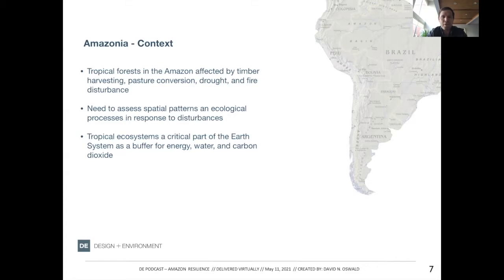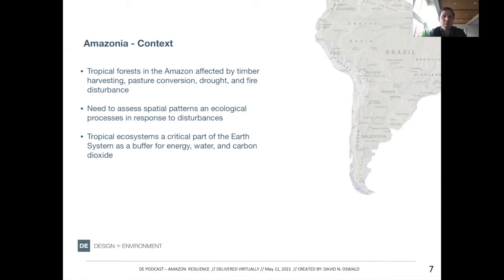Okay, and in that context, tropical ecosystems are a critical part of the Earth system from an atmospheric standpoint, as a buffer for energy, water, and carbon dioxide. There's a lot of CO2 that comes in and out of the Amazon, that's stored in the Amazon, that also fluctuates in and out. There's a lot of energy and water that comes in and out as well.